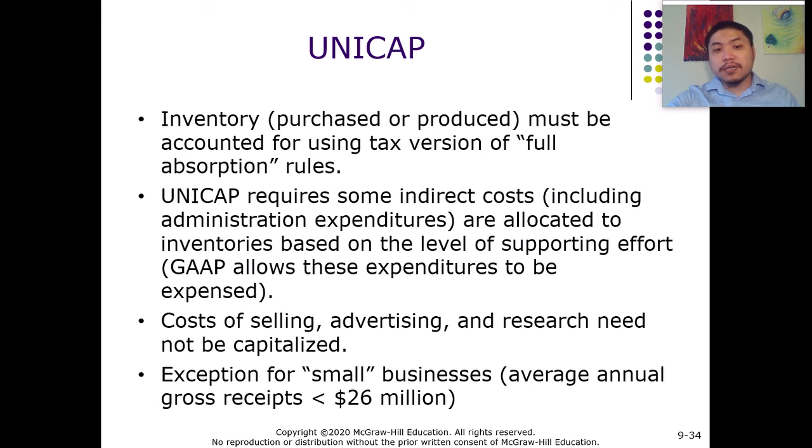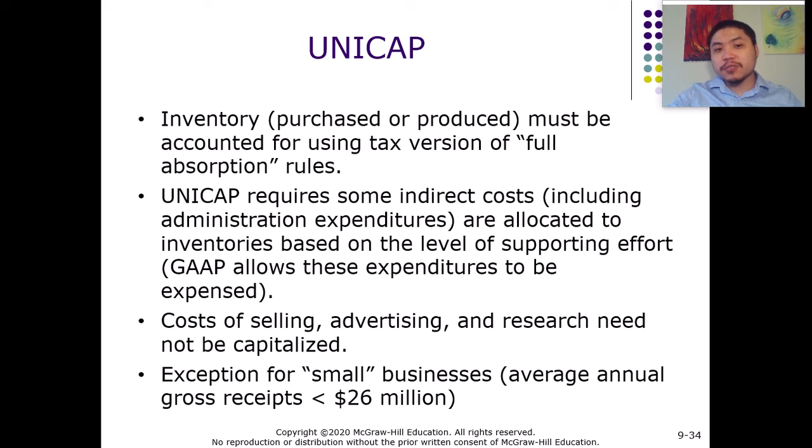Under GAAP, the range of items that can be capitalized is much smaller. And because the range of items capitalized is smaller, the items that can be expensed right away is larger, right? So under GAAP, the items that can be deducted are much larger than under UNICAP.